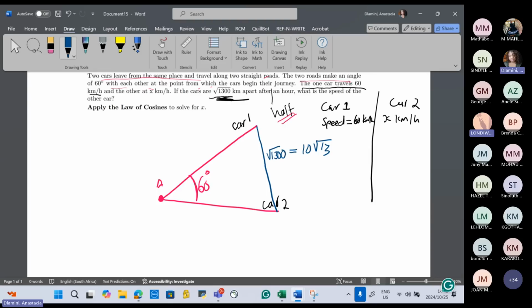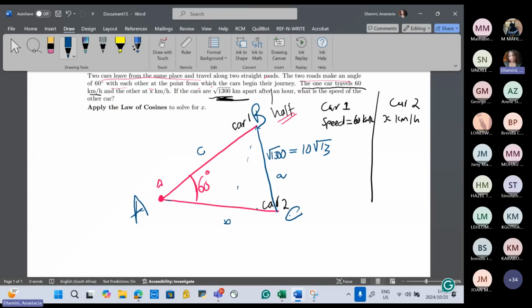Now, if it was me, I would label this and say this is A, this is B, and this is C, right? Because I know the cosine and the sine rule, they have those small a's and b's. So I know this is small b, this is C and small a, right?